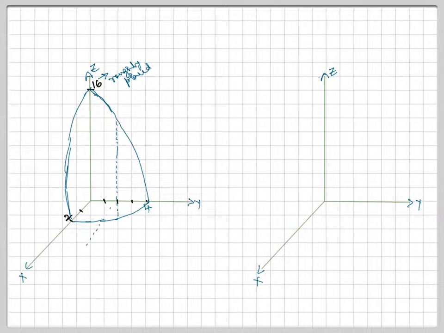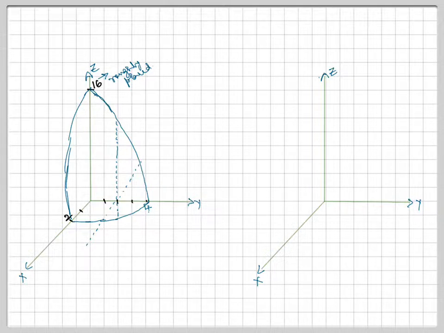Now we slice it at y equals 2, where we are going to graph the tangent. So we are going to see an intersection of the plane with the surface. You're going to see a slice similar to the slice that you see on the xz plane.